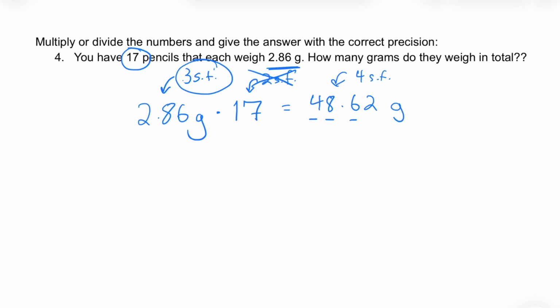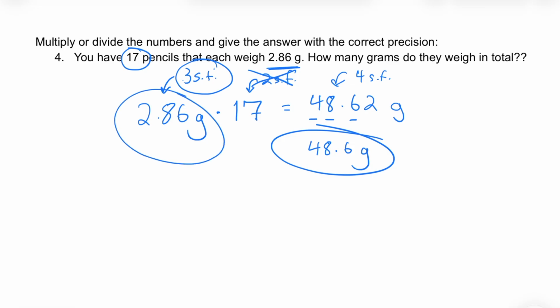So we want to round down to that tenths place. And so we'll end up with 48.6 grams as the total mass of all of those pencils if we weighed all of them. And again, there's 17 of them. The quantity doesn't limit our precision because it's a number that we know with infinite precision. However, the measurements, like the 2.86 grams, will limit our precision when we do a mathematical operation with multiple numbers.